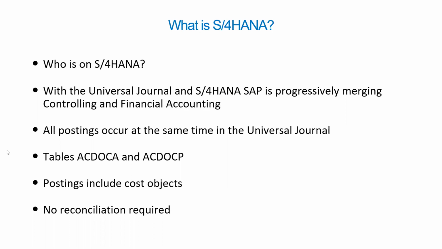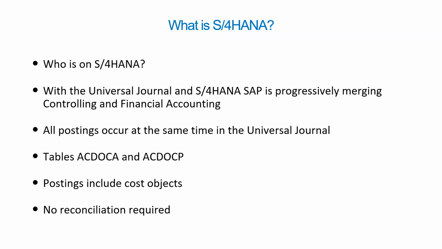In the Universal Journal, all postings occur at the same time in the one table. That's the basic concept of S/4HANA, and that's the biggest advantage. In the universal table, ACDOCA is actuals and ACDOCP is planning. In general, they're the planning entries. The postings include cost objects.